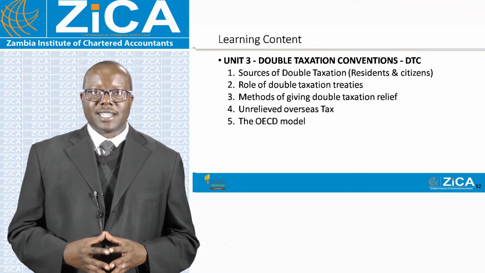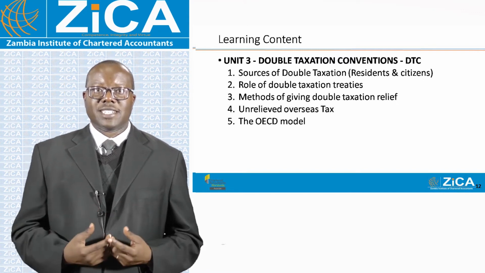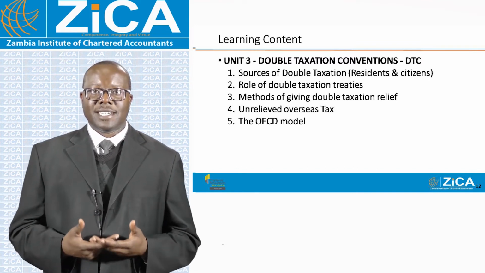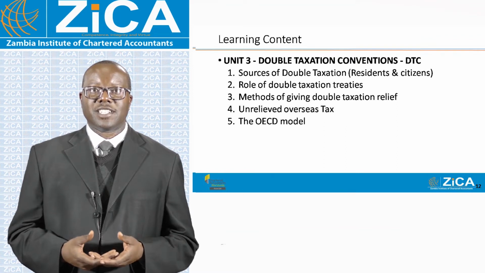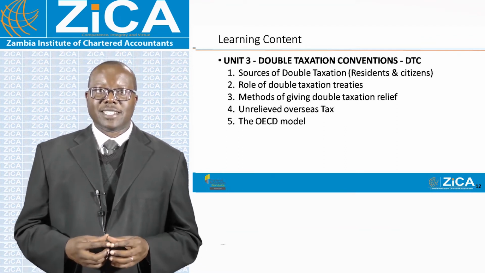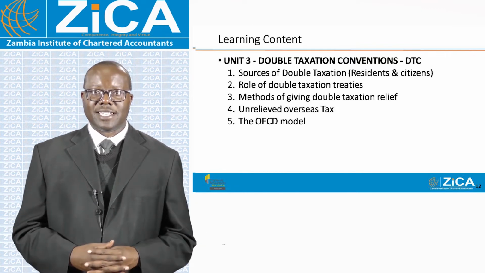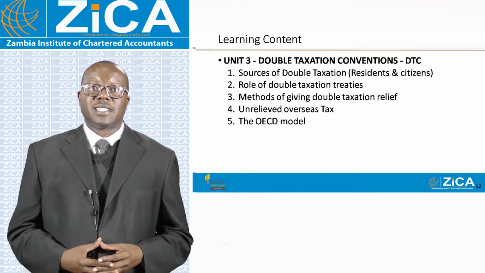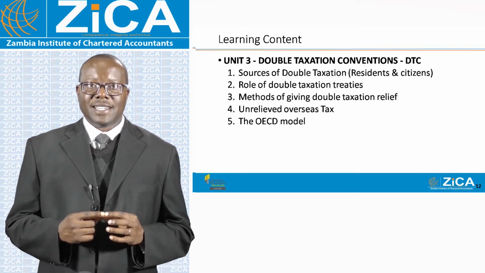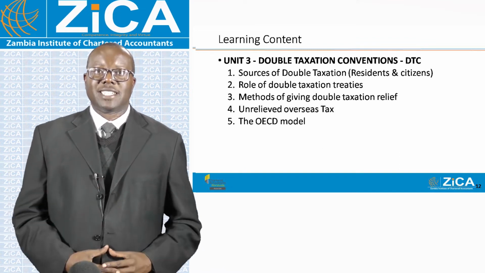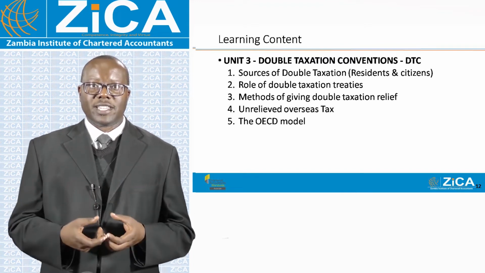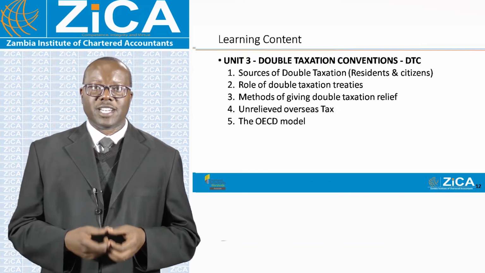Unrelieved overseas tax. Unrelieved overseas tax is the tax paid abroad in respect of income received from a foreign source for which double taxation relief cannot be granted. This may be because the double taxation relief is limited, and because of that limitation, part of the tax paid abroad does not fall within the amount which is available for relief.